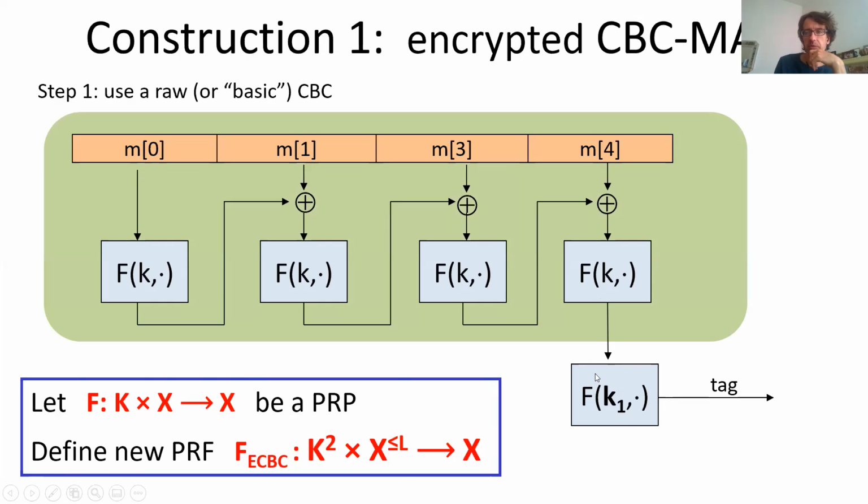This post-processing with a new key, let's first look at this construction without this post-processing. So let's look at everything in the green region. We call that a raw CBC or a basic CBC. And if you add this post-processing, we call this whole thing an encrypted CBC, because you can think of this wire as an output of the CBC.